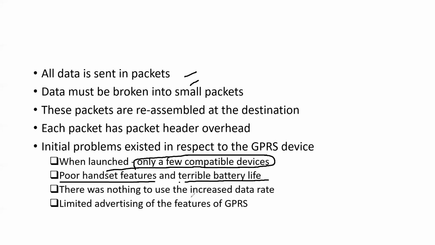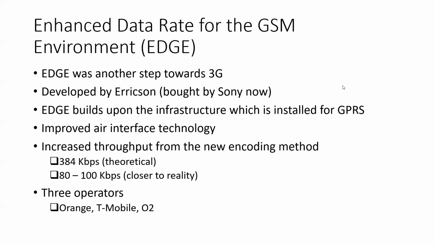And the data rate was very small, and they did not know how to increase the data rate. And finally, many of the users did not know what a GPRS device actually is, what features it has. So this is limited advertising, one of the drawbacks.